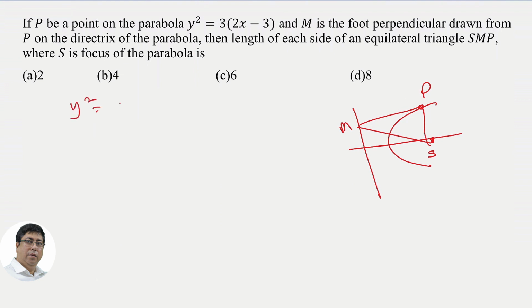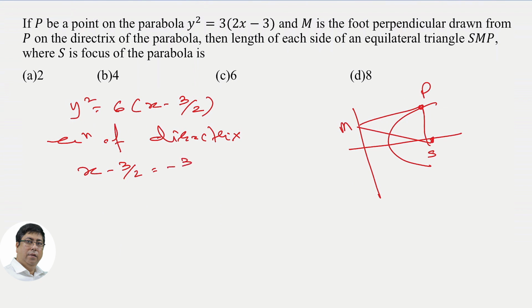y square equal to 6 into x minus 3 by 2. So the equation of the directrix is x minus 3 by 2 equal to minus 3 by 2. Therefore x equal to 0 and the focus is (3, 0). So let P be, let us consider y equal to 3t.